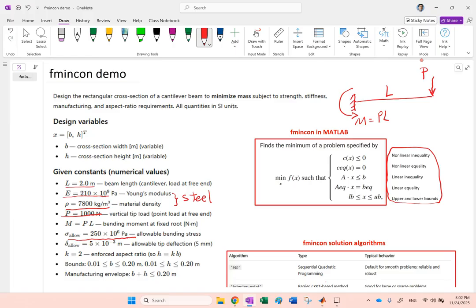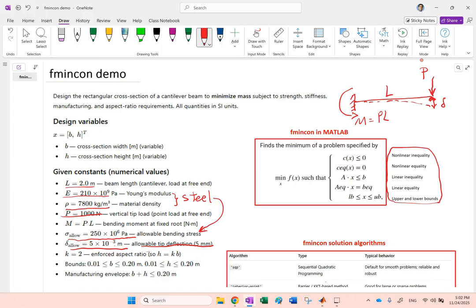And this is like the yield strength for the steel again. Also, when the end of the beam bends and comes down, the deformation delta is not supposed to exceed 5 times 10 to the negative 3, or 5 mm. So the end of it should not go down more than 5 mm.